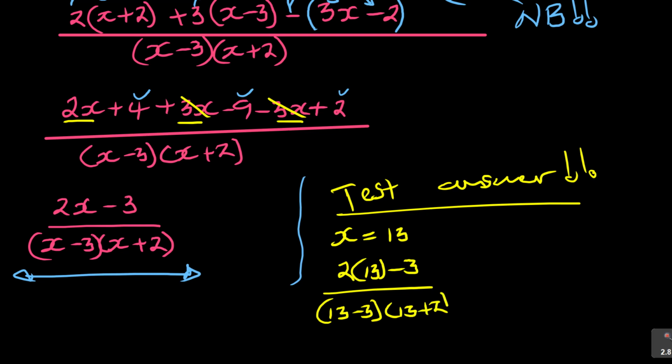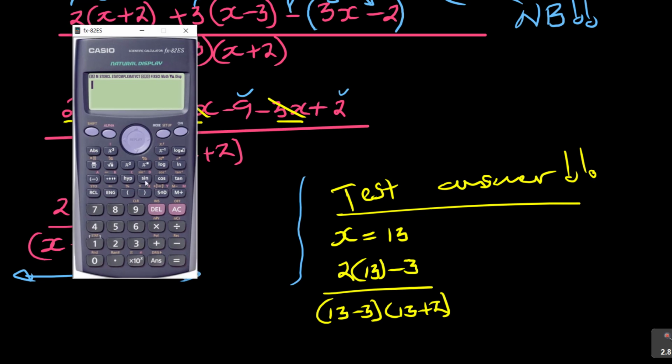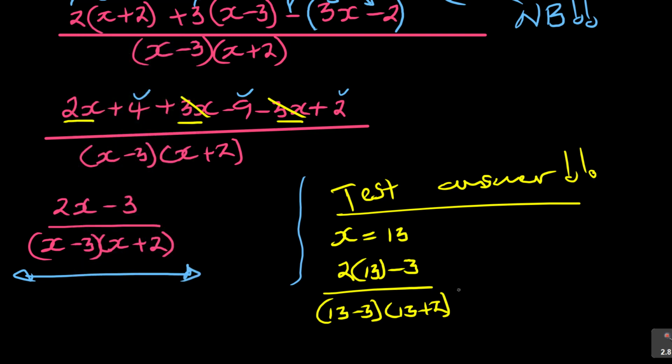See? Remember, x is 13. Just choose any value. You notice the answer that you're going to get. So I'm going to have 2 bracket 13 minus 3, and then you go down here and then bracket 13 minus 3, and then 13 plus 2. Alright, what's the answer? I'm getting 23 over 150.